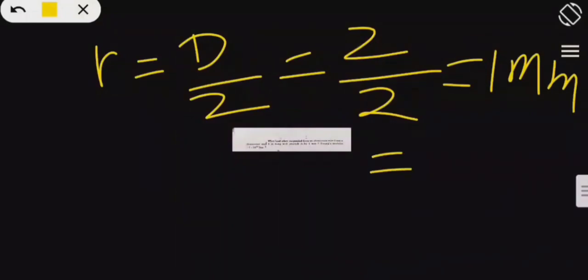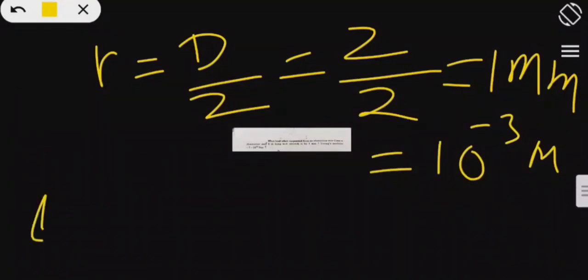We need to convert it to meters according to the unit requirement. So 1 mm is 10 to the power minus 3 meter. And our length is given as 5 meter. And delta L is given as 1 mm, again 10 to the power minus 3 meter.